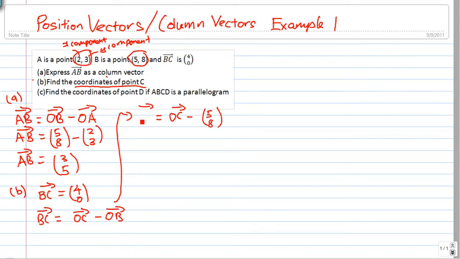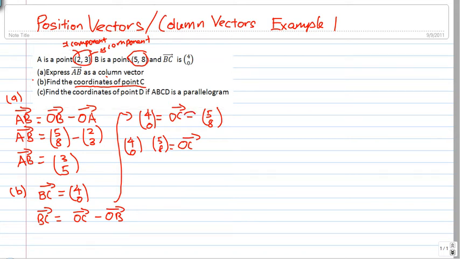Let me replace BC with (4, 0). As we manipulate this, OC can be written as (4, 0) minus (5, 8). 4 minus 5 is negative 1. Oh, apologies, I have to add.